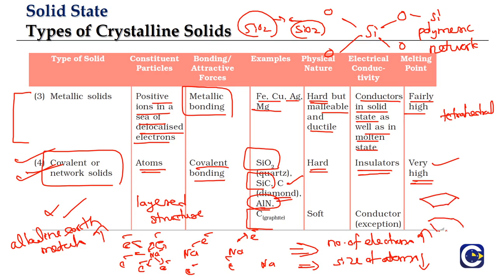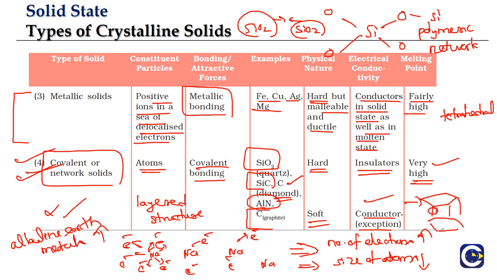Between the two layers we will have weak interactive forces, and this will be the reason for the soft nature of the graphite, where the graphite can actually have one layer moving with respect to the other layer, and the ease of breaking of these bonds between two different layer carbon atoms will make the graphite also able to conduct current, because these electrons, once the bond is broken, will be available for the conduction. So the exception for this category is the carbon graphite, where it is going to be soft, and so it will also be able to conduct current.